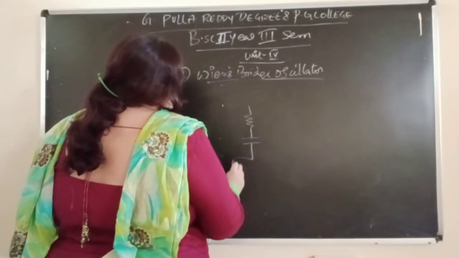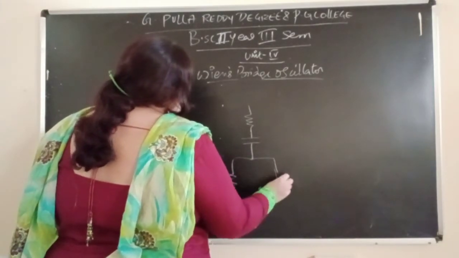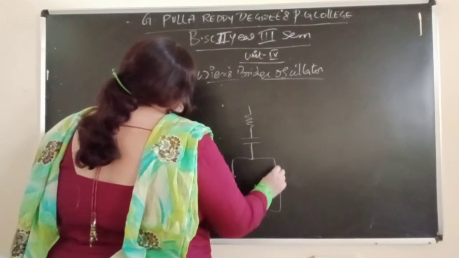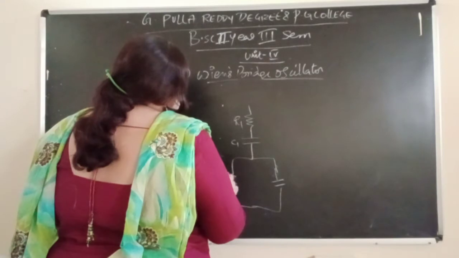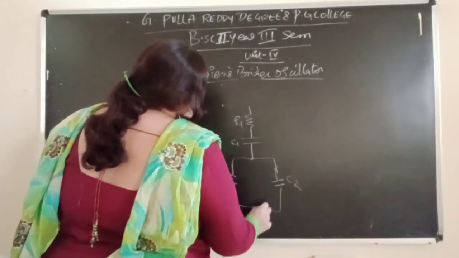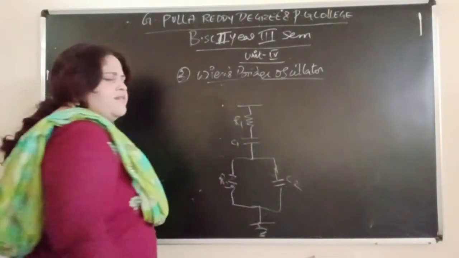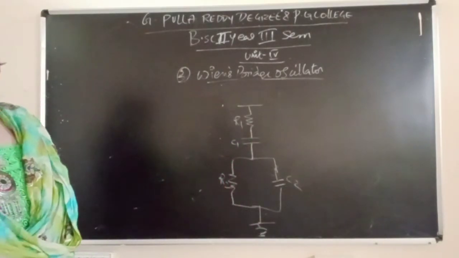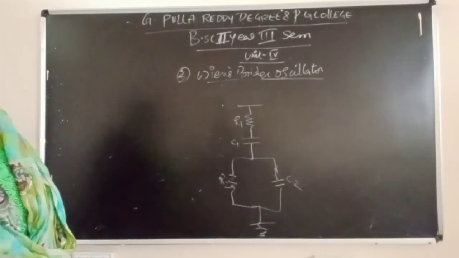Draw the circuit with an upper arm and a lower arm, like this. You can number it or simply leave it, your wish. This is the Wien bridge network.